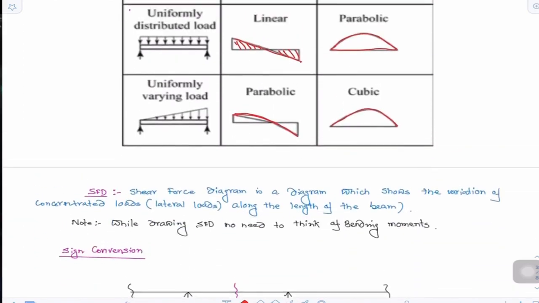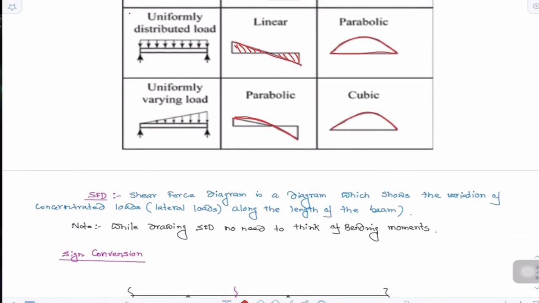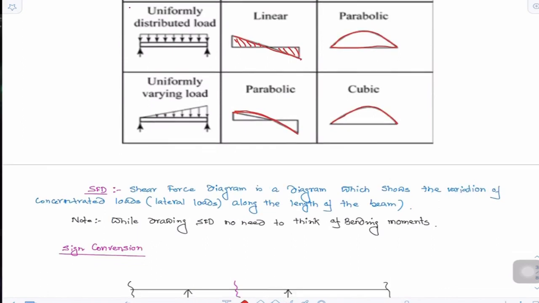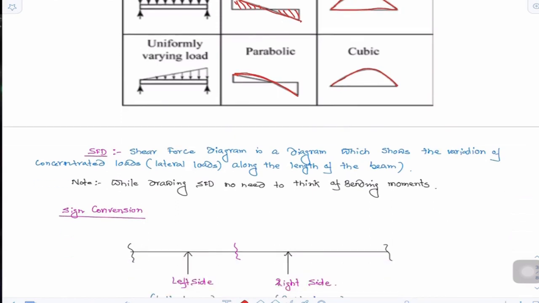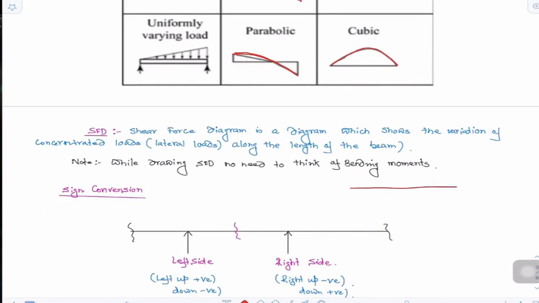Now what is SFD? Shear force diagram is a diagram which shows the variation of concentrated loads or lateral loads along the length of the beam. So remember, here is a note: while drawing SFD you need not think about the bending moment. Say in your beam there is a presence of concentrated moment or any bracketed connection.